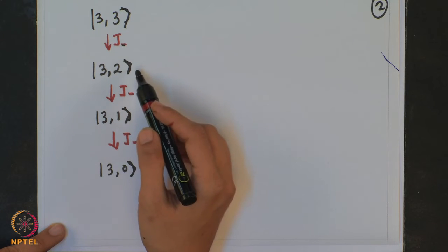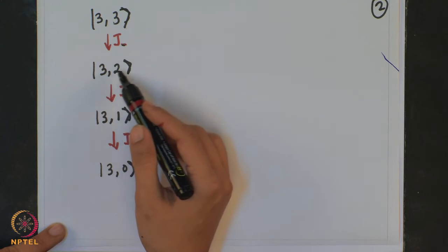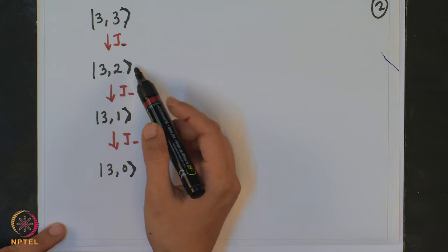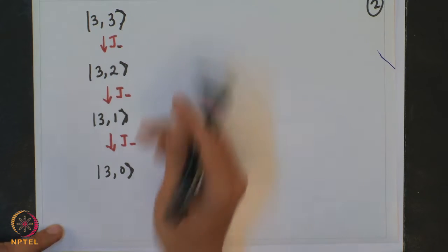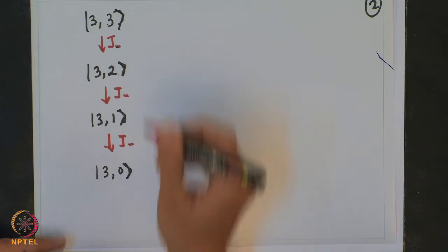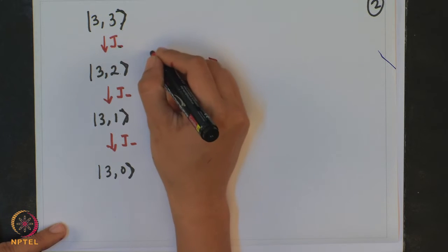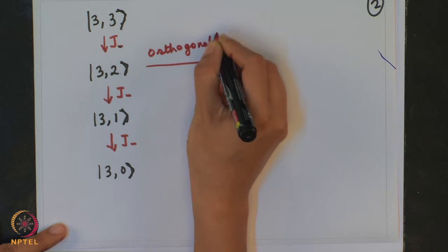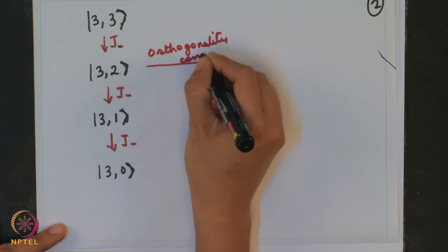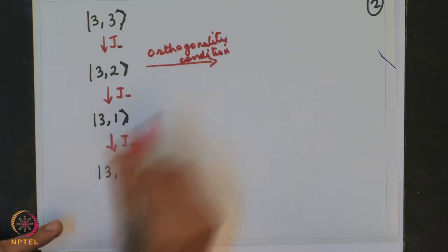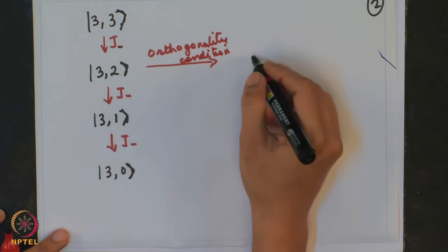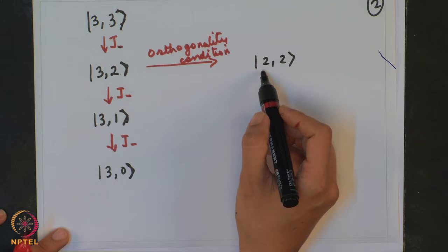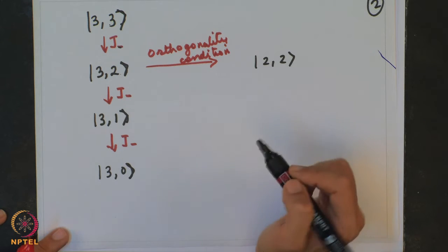And now for this particular state, so this 3 2 will be a combination of some terms, and on operation, if I use the orthogonality condition, you can obtain or you can find out the coefficients of state 2 comma 2.